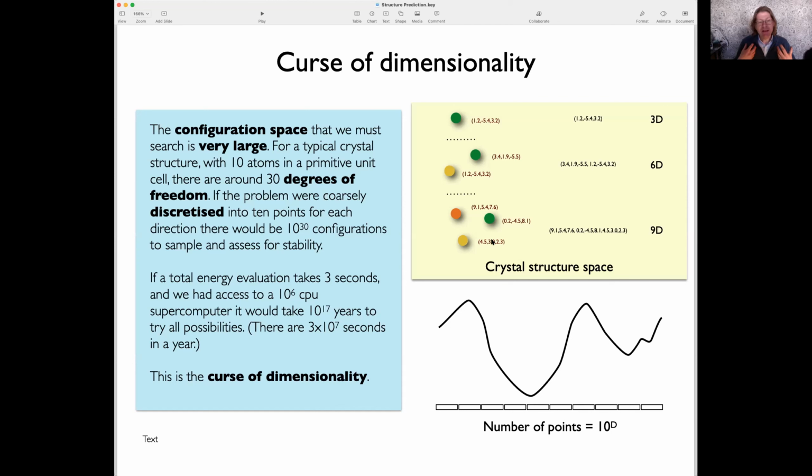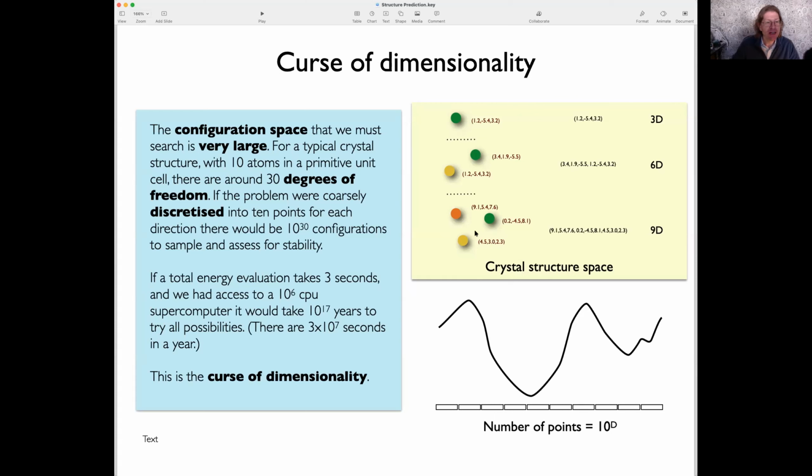So a truly certain global optimization algorithm has to visit, if you don't know anything about the structure of the landscape, if there's no funnel, each of those 10 to the D different points, evaluate the energy, and then choose the one that has the lowest energy. That's the only purely certain way of doing global optimization. And so you can see it quickly becomes untenable for any sort of moderately large system.